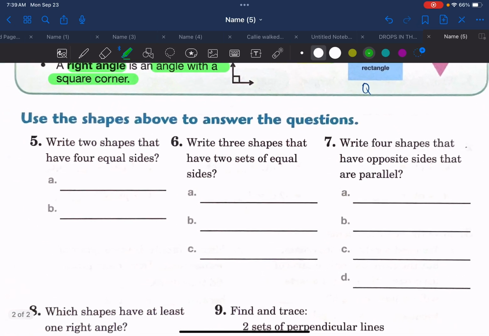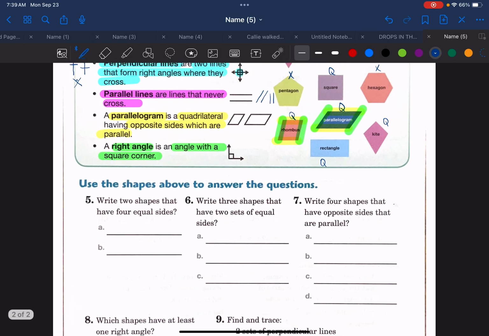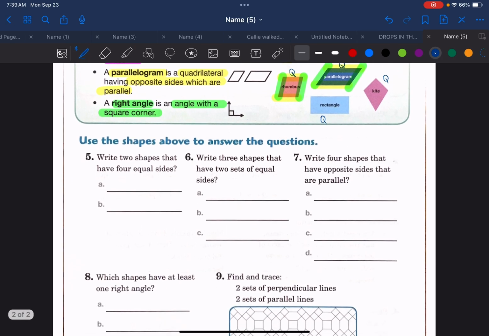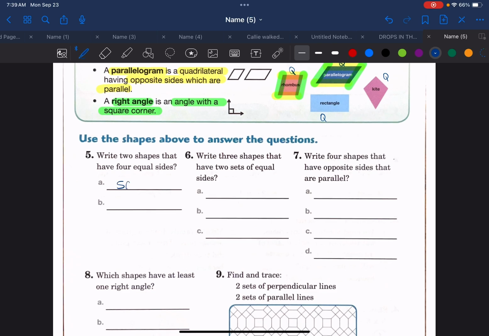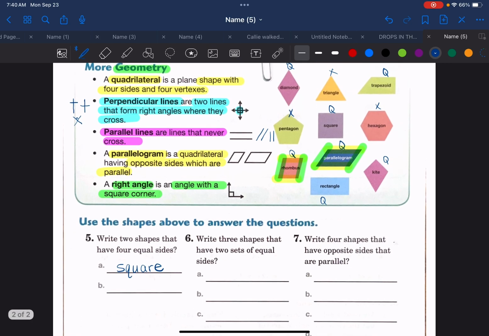All right, so it says use the shapes above to answer the questions. All right, first one, write two shapes that have 4 equal sides. Okay, well, we know a square is one of those because all sides are equal. A rectangle has 2 long sides, but then 2 short sides, so that one is not equal.